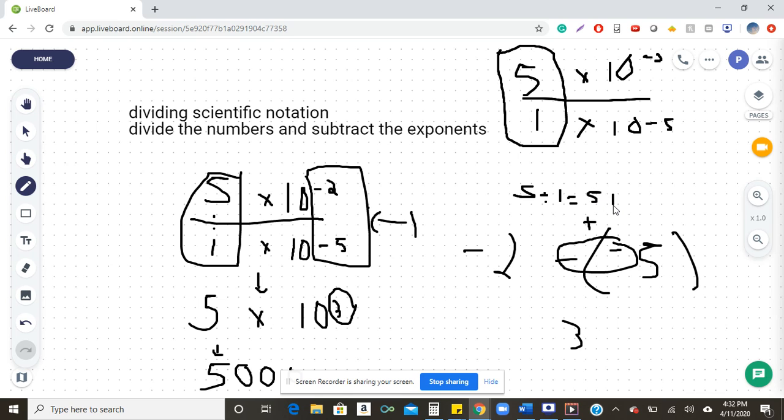And we bring down the times symbol, and then we're going to subtract negative 3 from negative 5. So negative 3 minus negative 5, so minus here, whoops, okay, that's messy, let's go to this one.